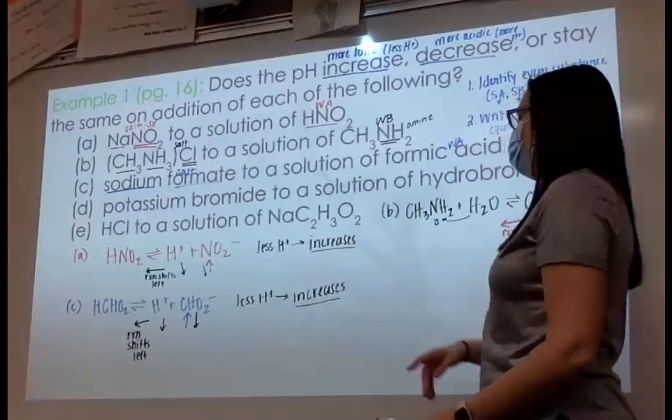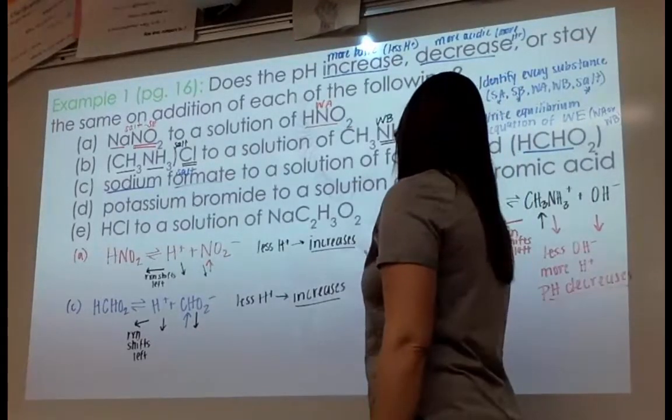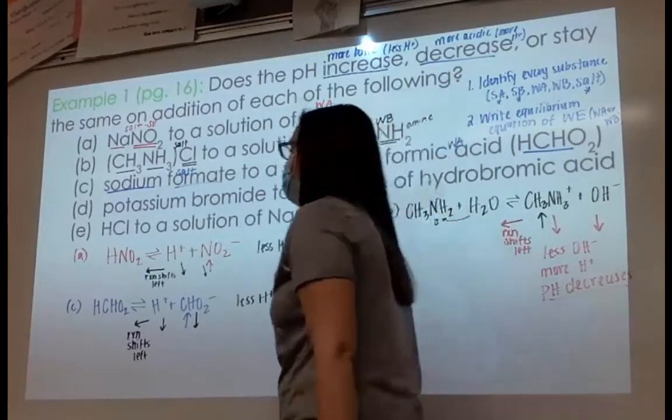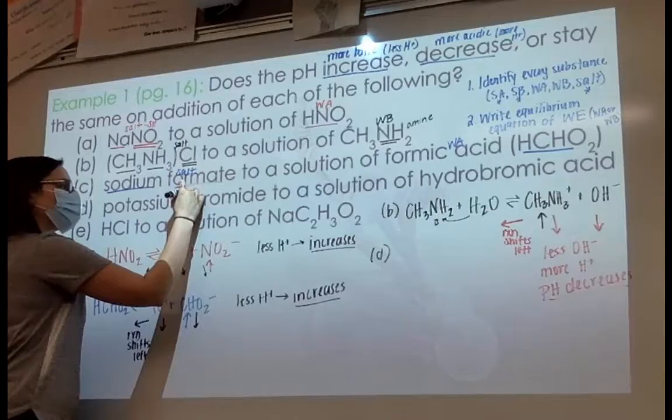Part D. I'm going to write up here, I don't need as much space. Let's label everything. Potassium bromide, K plus and Br minus, KBr, this is a salt.